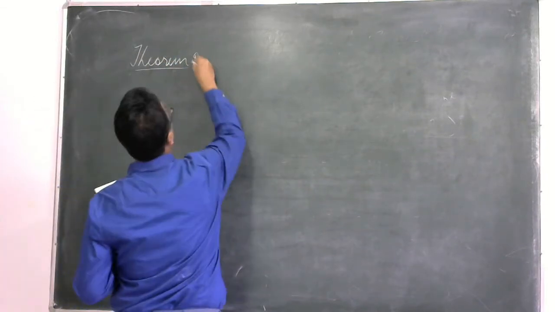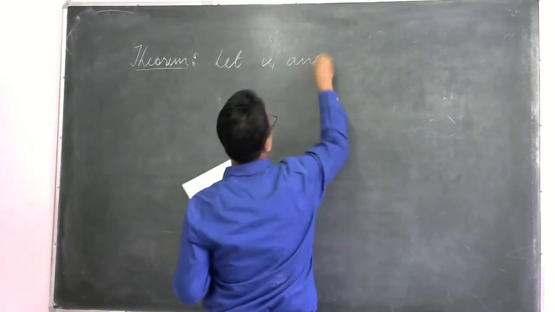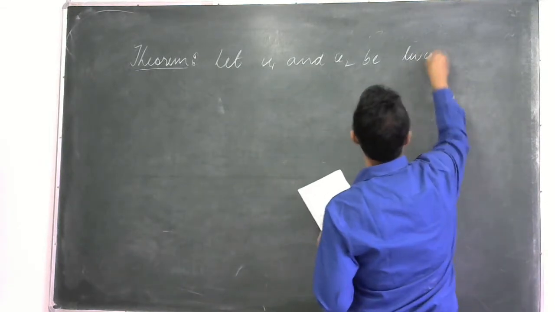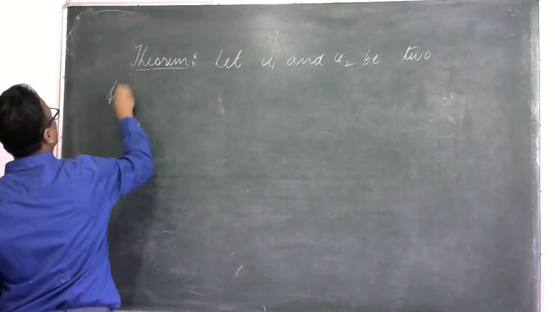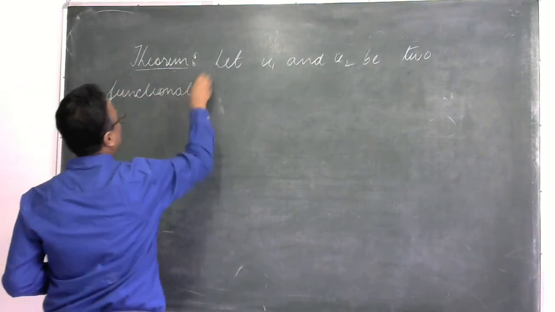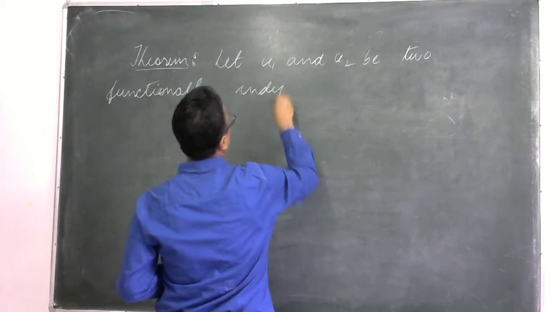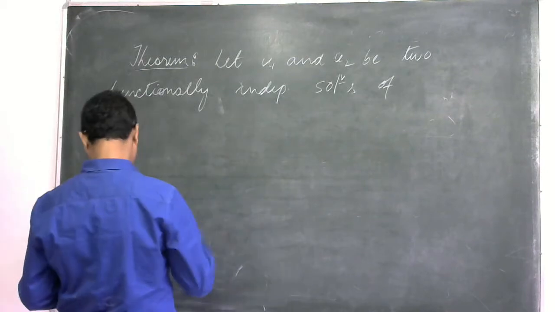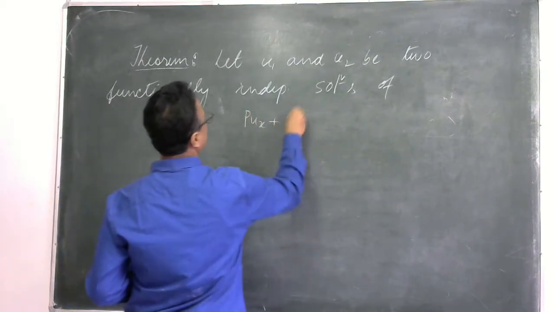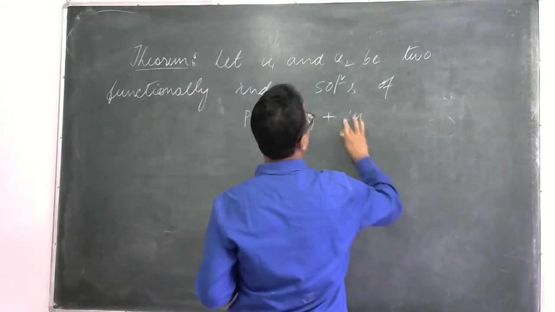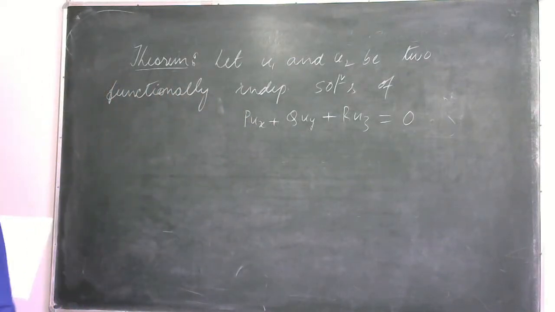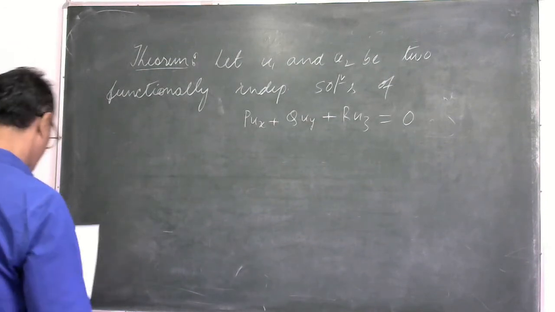Okay, fine. So, theorem. Let u1 and u2 be two functionally independent solutions of this. You know what the equation is going to be: P u_x plus Q u_y plus R u_z equal to 0. So basically, there are two first integrals of the vector field V given by (P, Q, R).